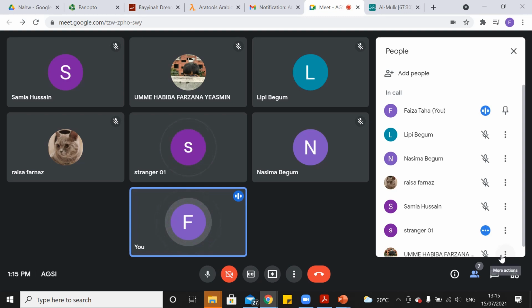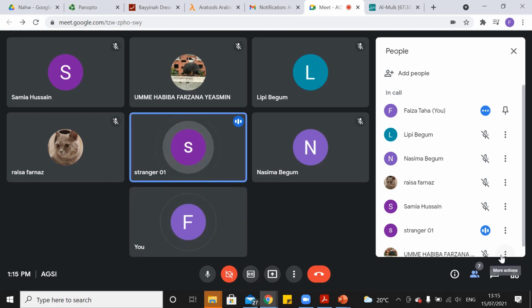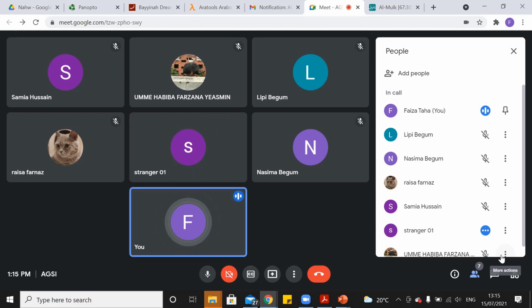Maf'ul bihi is nasab, right? So it will be nasab, and it's plural because it's na, and it's an attached pronoun, and it's masculine and feminine, and it's proper, right?